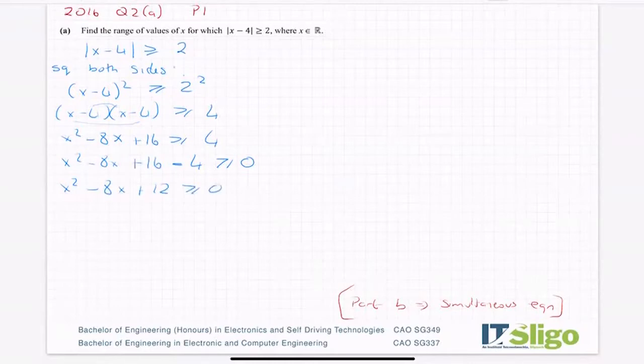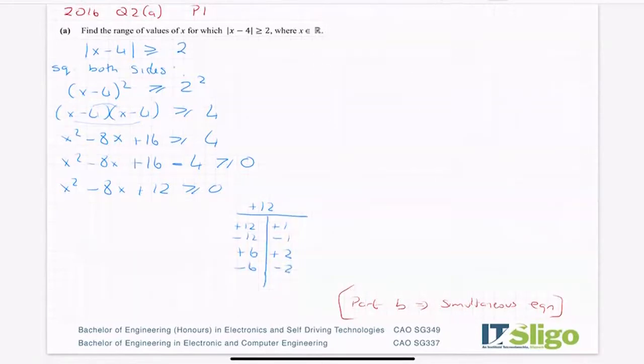So again, solve that. It's the factors of plus 12 that are going to give me minus 8. So plus 12 and plus 1, or minus 12 and minus 1, because remember, minus and minus will give me the plus. 4 3s, 6 2s. 6 2s is going to work. So I need a minus 8.